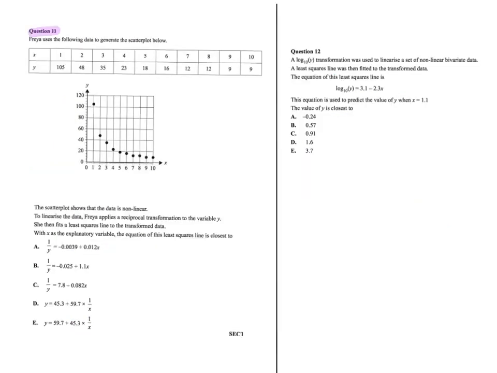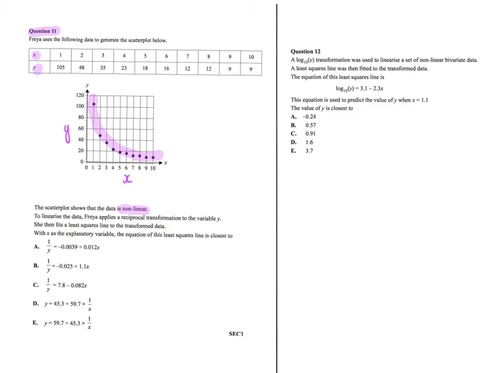Okay, with question 11, Freya uses the following data to generate a scatter plot, and they've given us X and Y, so this one's pretty easy for us to do because they're telling us which is on the x-axis and which is on the y. The scatter plot shows it's non-linear, so you can see that curve there, and we have to pick a transformation. As I said, in exams, they often tell you which one it is.